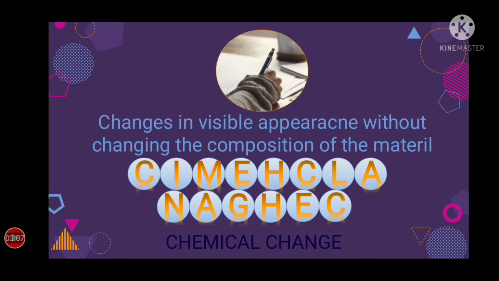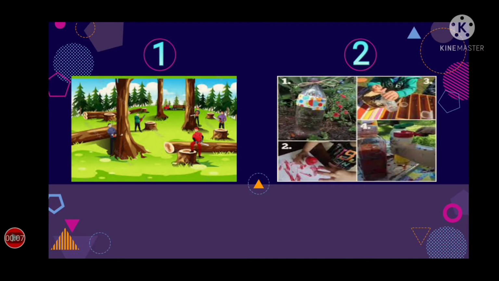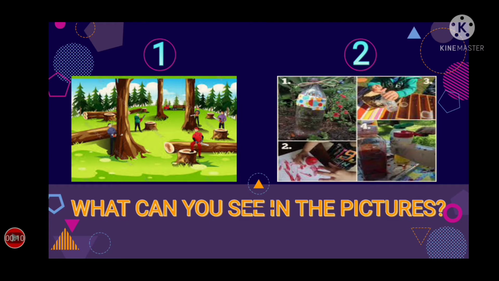And now that you have learned about matter, let's proceed to our proper discussion for today. To give an idea for our lesson, I have here 2 pictures. What can you see in the pictures? Excellent.